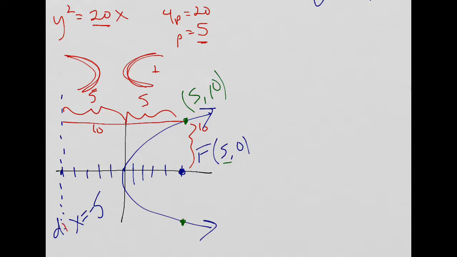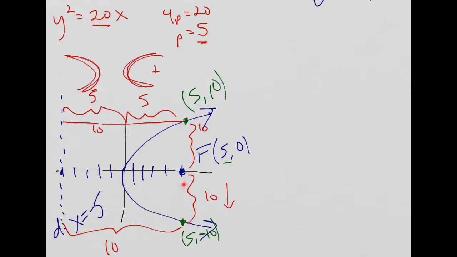I know that this length from here to here is 5 plus 5, which makes it 10, which means that this length is 10, but it's going down 10, so it gets coordinates 5, -10.